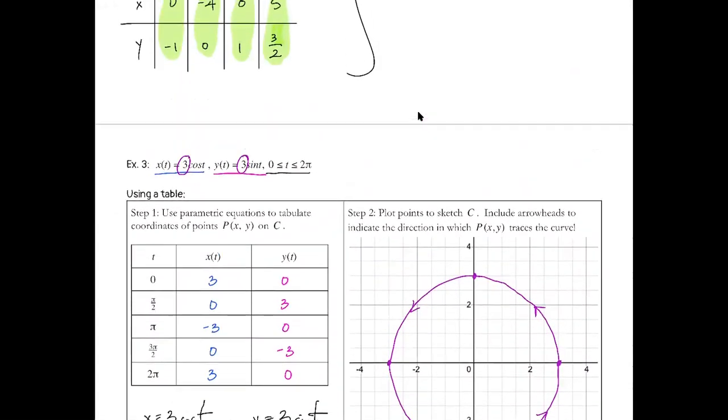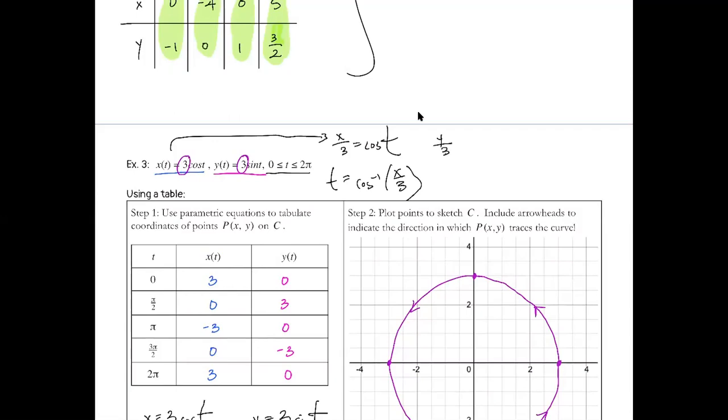What I've seen some folks do is say, well, I know that x divided by 3 is cosine t. So they have that part, but then they take it one step further and say that t equals the arc cosine of x over 3. And they do the same thing for y.